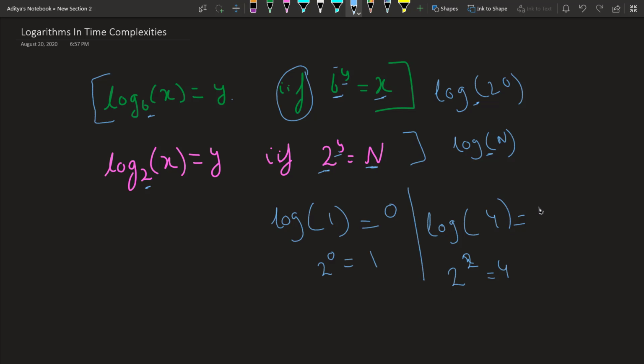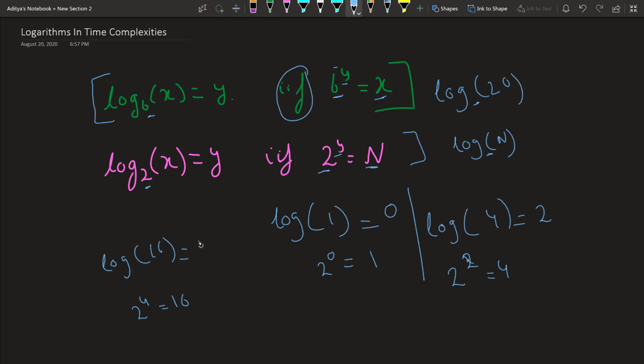So here we can simply write log of 4 is nothing but 2. And if we do the same with log of 16, what is going to be our answer? Log of 16 means for what power of 2 do we raise it such that we get 16. If we raise 2 to the power of 4, we get 16.